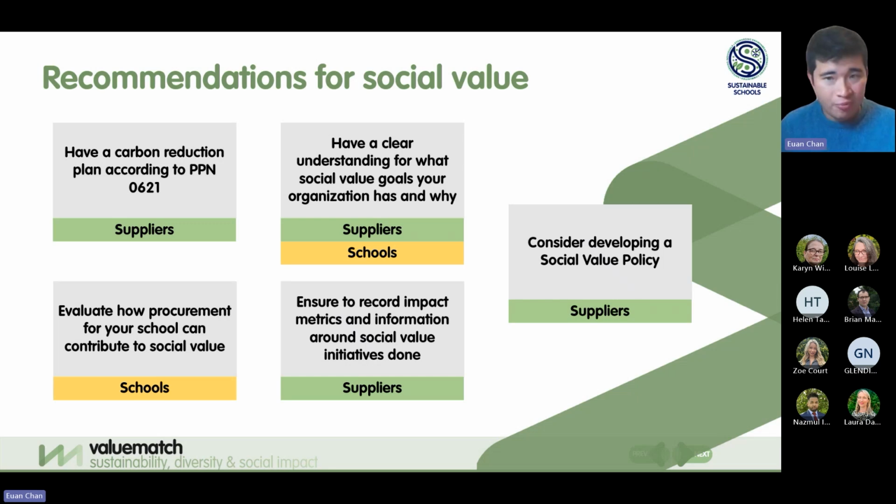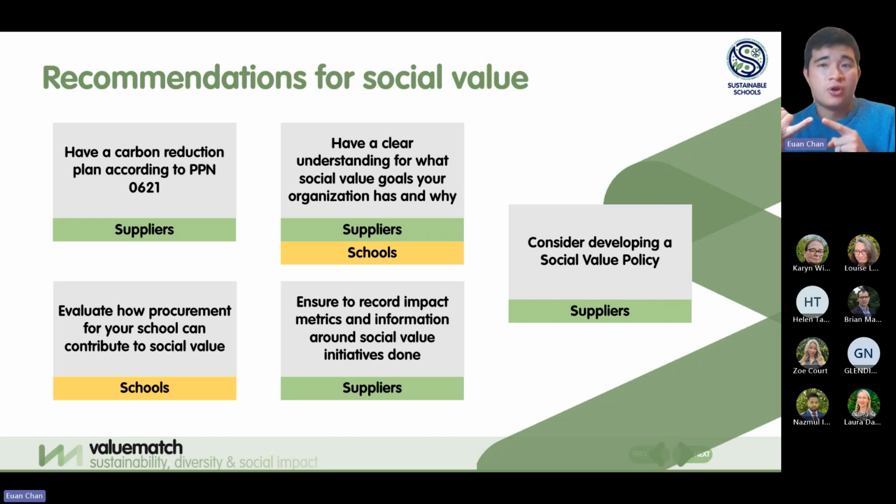Have a carbon reduction plan according to the PPN 06/21 standard. As Laura said, many government tenders are asking for carbon reduction strategies and net zero plans, a case in point being the NHS. Creating a carbon reduction plan, or CRP, can hit two birds with one stone.